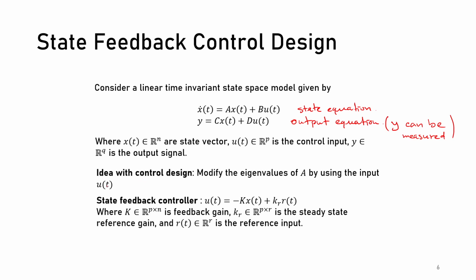And one idea is that in order to control the system, you need to modify the eigenvalue of A, but A here does not mean this A, because this A is constant.